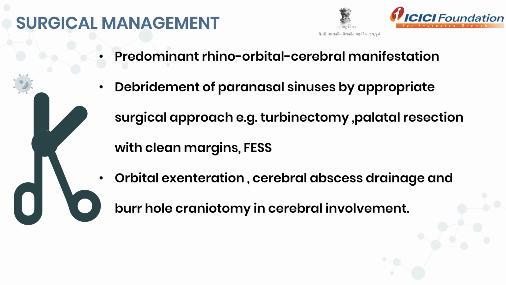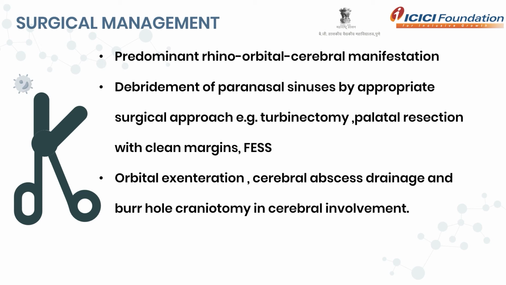Then we come to the surgical management, where there is extensive disease and dead tissue. The aim is to remove this dead tissue from the affected part. So we do debridement of these dead tissues.